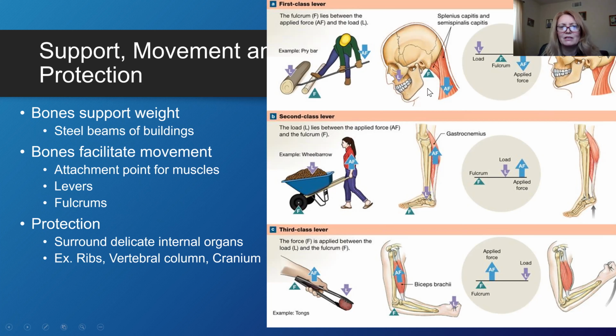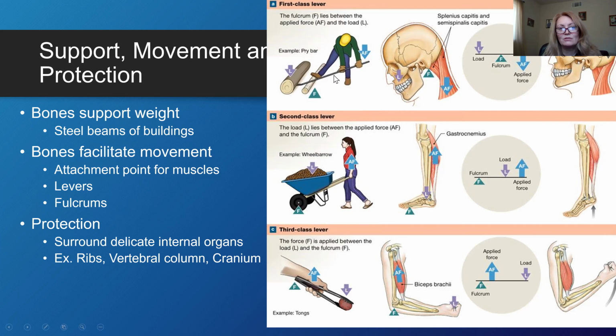So you're probably familiar with the lever system. If you look at this picture over here, here's a guy trying to lift a heavy load, or this lady is pushing a wheelbarrow, or you want to use tongs to crack a nut. What the lever system does is actually increase your force, right?